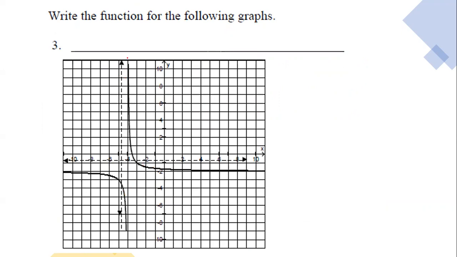Your asymptotes are at x equals negative 4. I told you, sorry. And at y equals negative 2. X equals negative 4 and y equals negative 2.